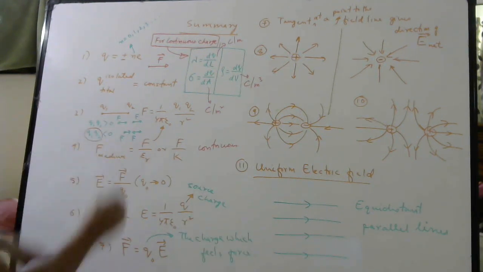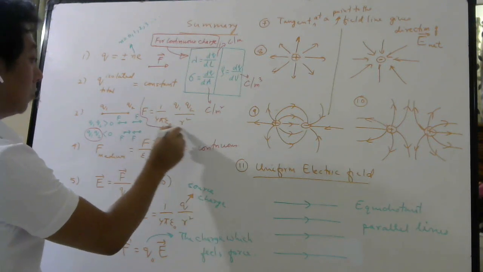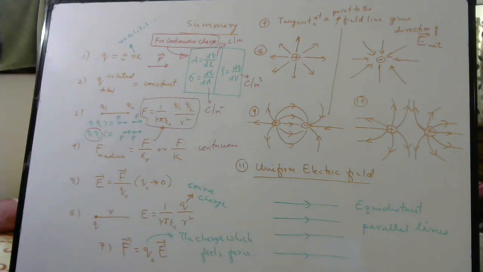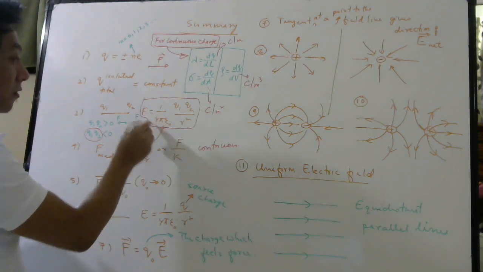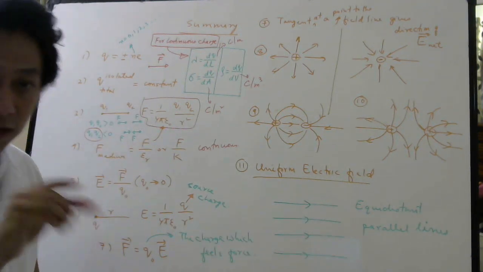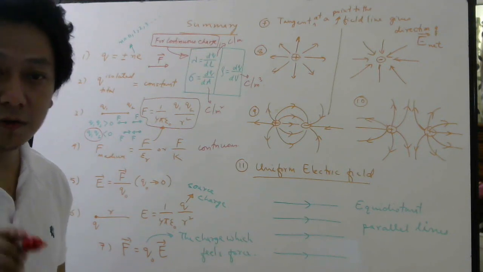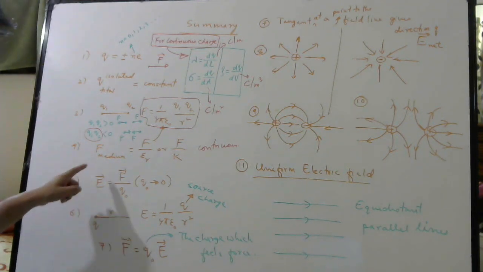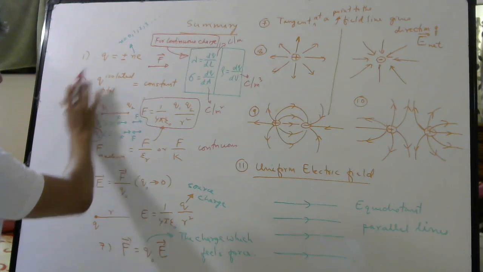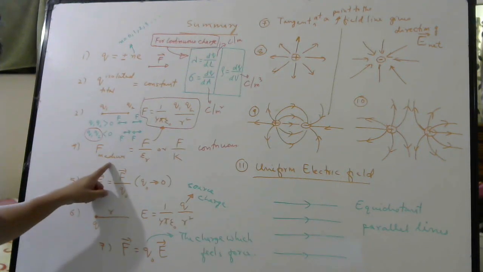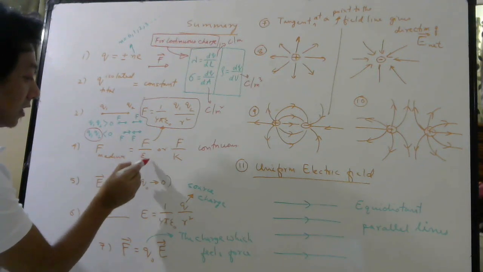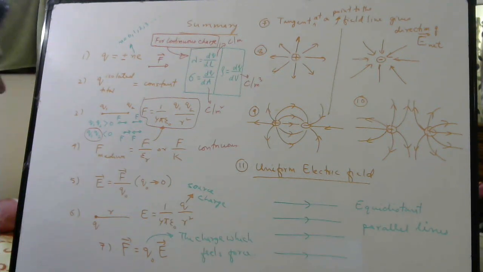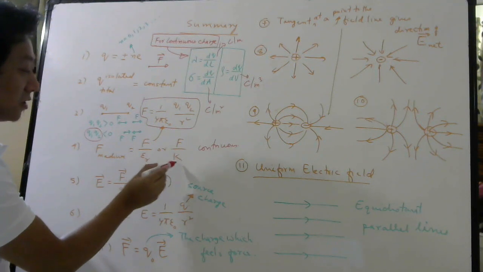Okay, and the magnitude of the force is given by Coulomb's law, 1 by 4 pi epsilon naught q1 q2 by r square, and the value of 1 by 4 pi epsilon naught in SI units is 9 into 10 to the power 9. Suppose the whole space here is filled with some medium, and if they mention the medium, they will also mention the relative permittivity, or sometimes it is called dielectric constant.